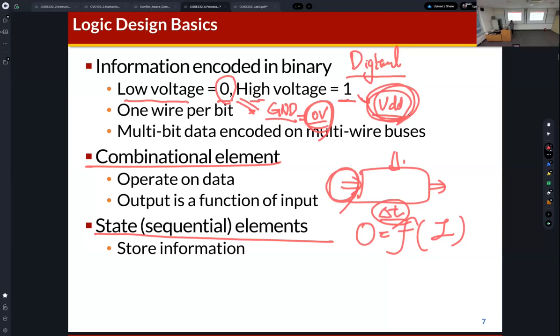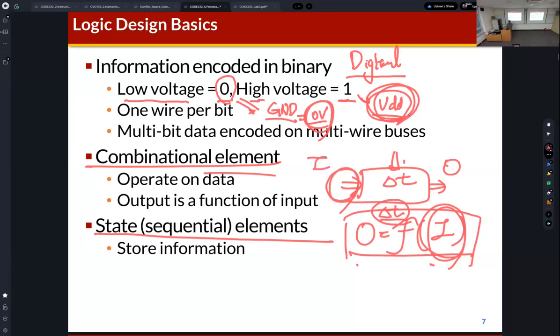So the output is determined only by the input signal, but generated after some time. This is a combinational logic.